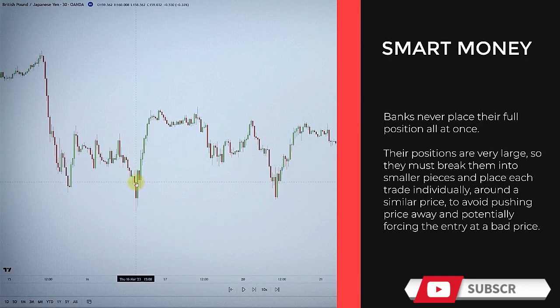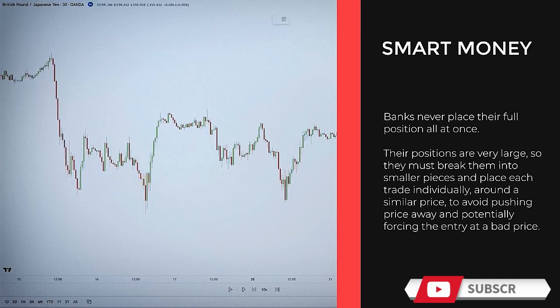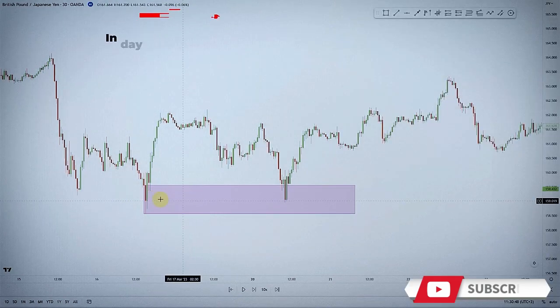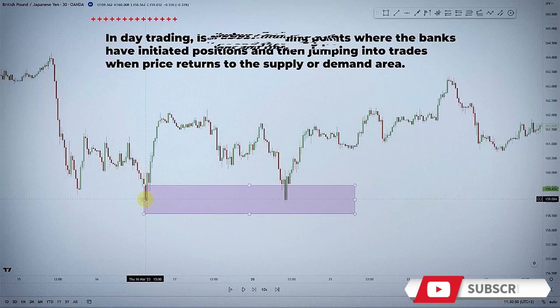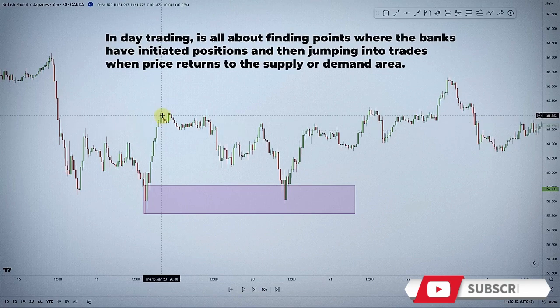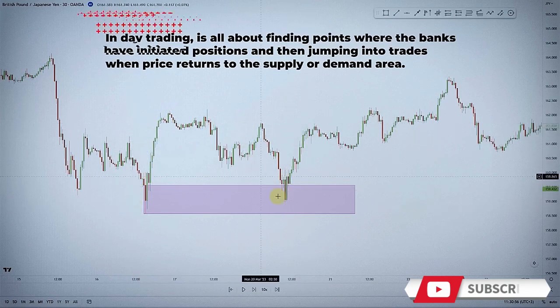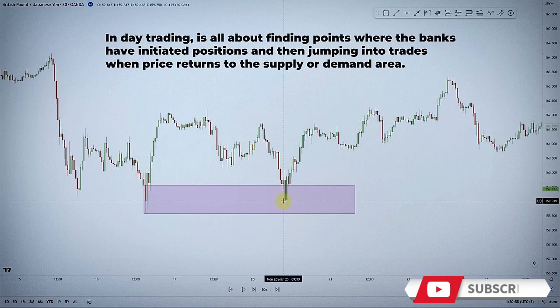Their positions are very large, so they must break them into smaller pieces and place each trade individually around a similar price to avoid pushing price away and potentially forcing the entry at a bad price. In day trading, it is all about finding points where the banks have initiated positions and then jumping into trades when the price returns to the supply or demand area.